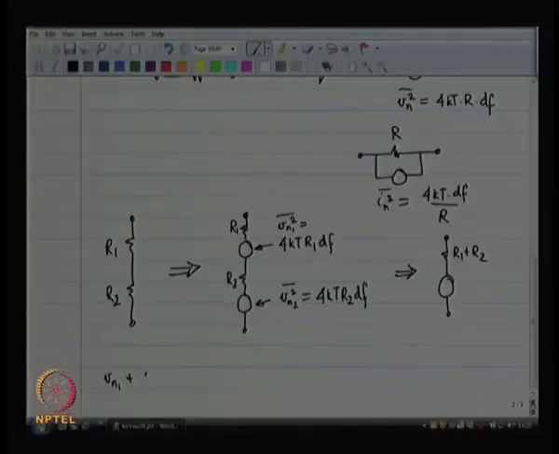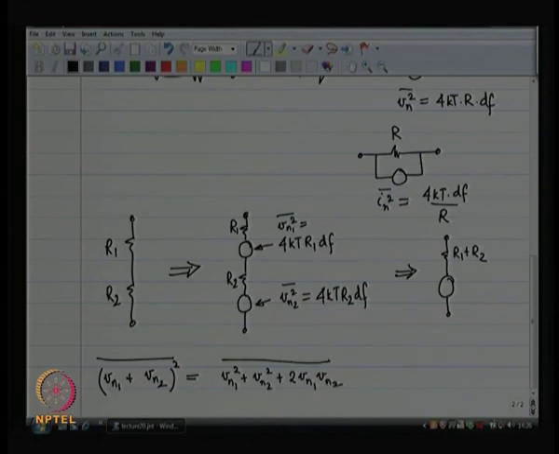What I was trying to say in the last class, but we were really short on time, is that if I take Vn1 and Vn2, then the mean squared of Vn1 plus Vn2 is the mean of Vn1 squared, plus the mean of Vn2 squared, plus twice the cross correlation of Vn1 and Vn2.